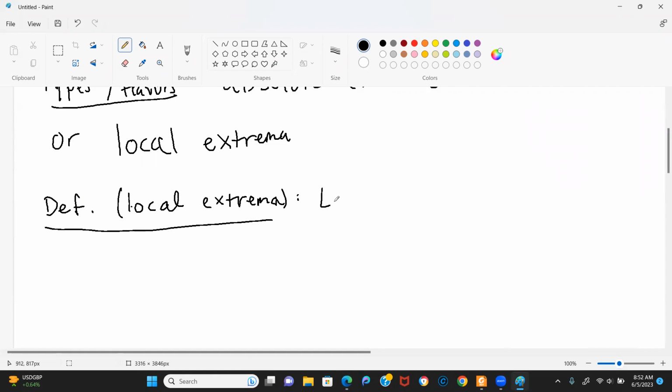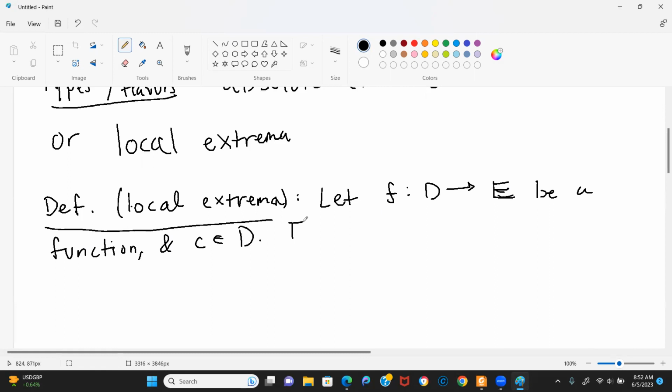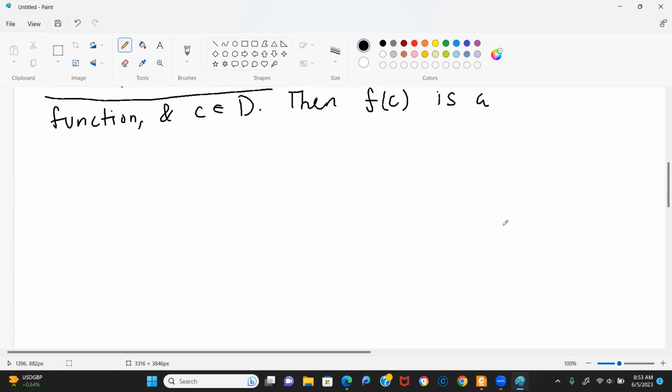So let's be a little more precise. Let f be a function from a set D to E. And again, just take D and E to be some sets of real numbers. And then we're going to say, c is in the domain of the function, then f of c is a local minimum, or let's say local maximum.